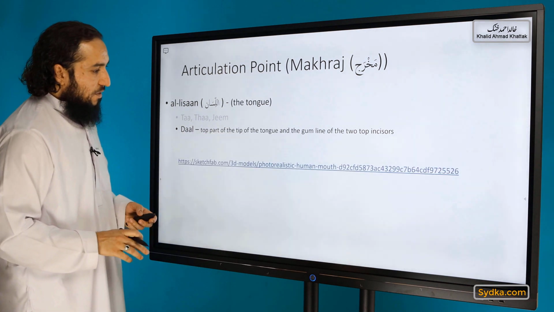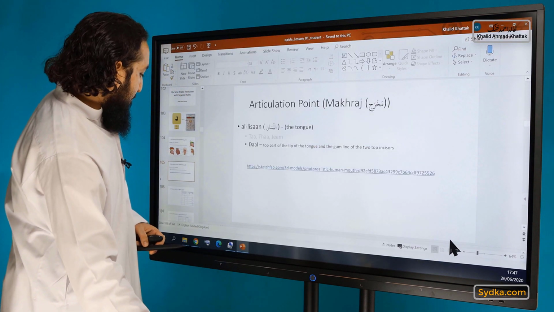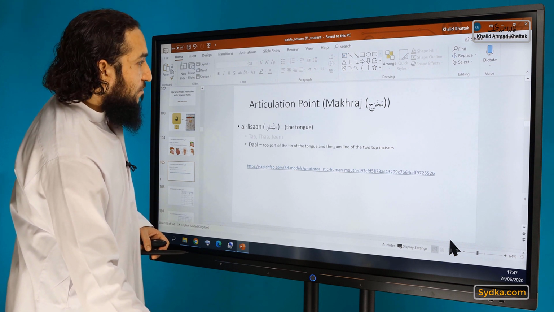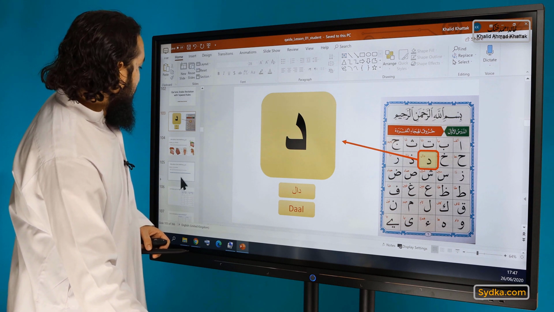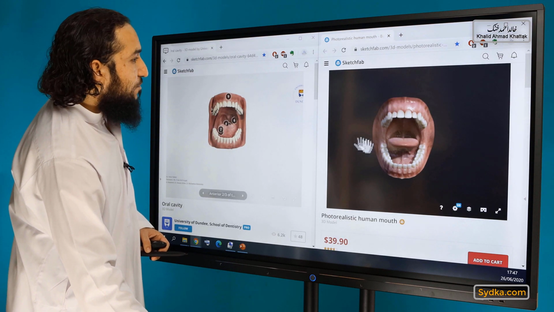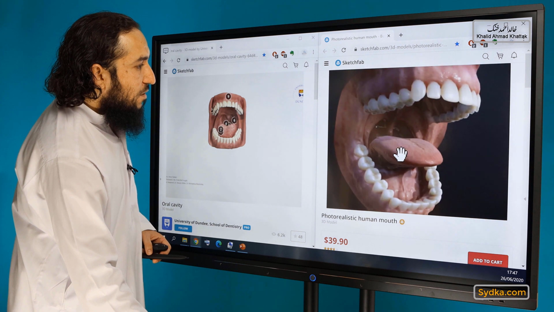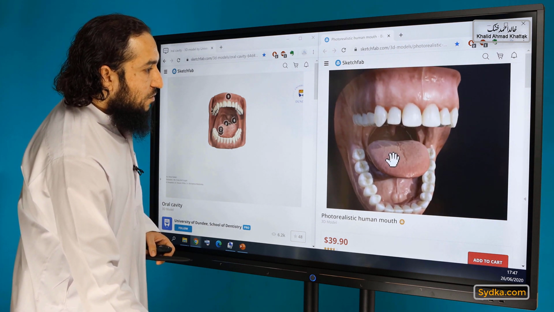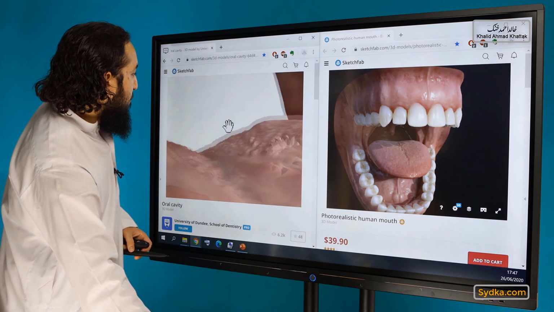Okay, let me clear this. As we have the mouth, the tongue, I'll come to this diagram.